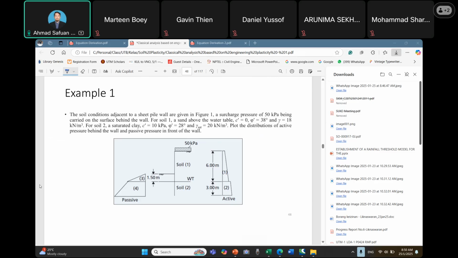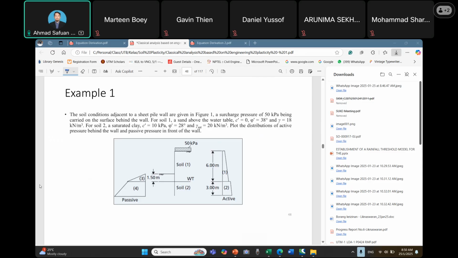The soil conditions adjacent to a sheet pile wall are given in Figure 1. A surcharge pressure of 50 kPa is carried on the surface behind the wall.